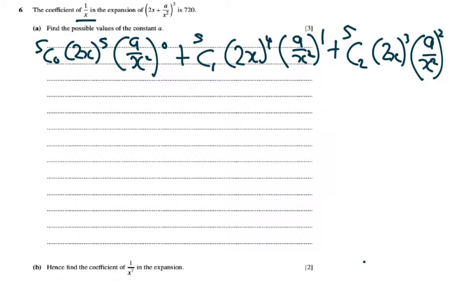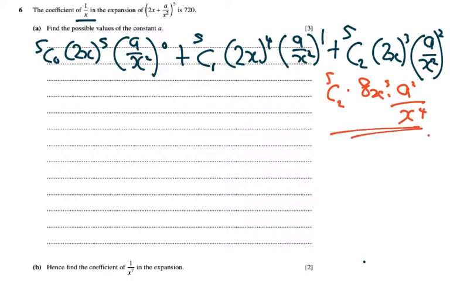So what you have here is 5c2 multiplied by 8x cubed times a squared over x to the power of 4. So this is the term that I want.